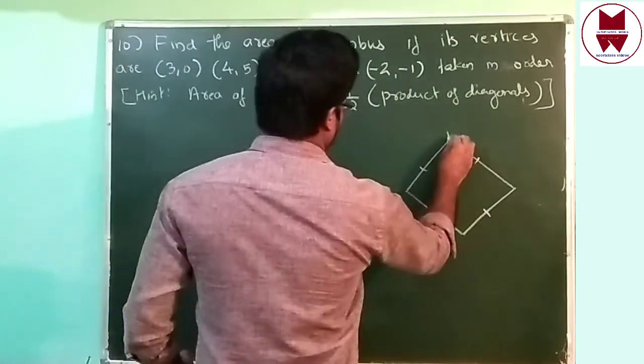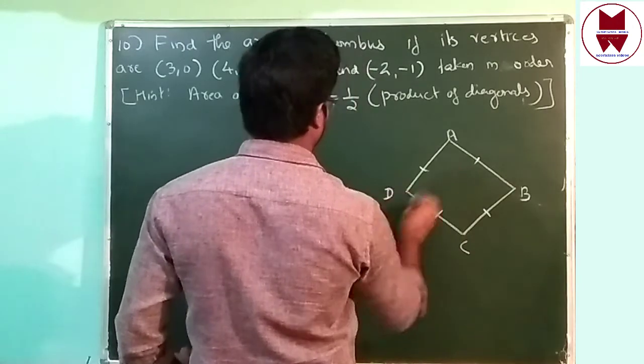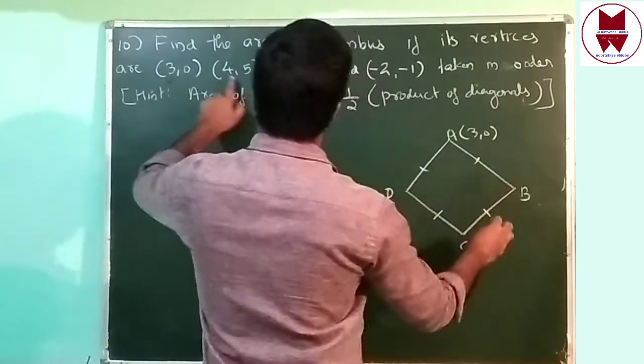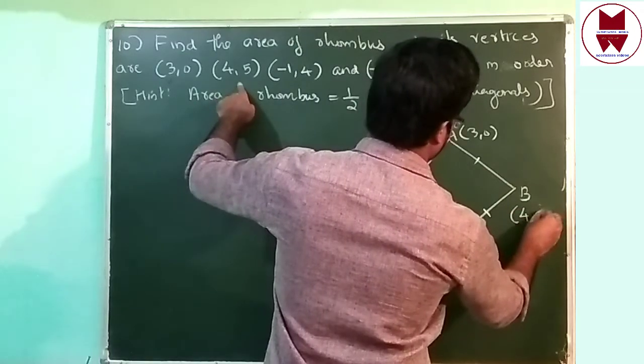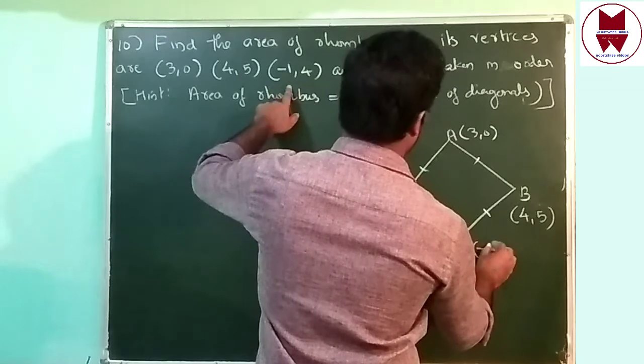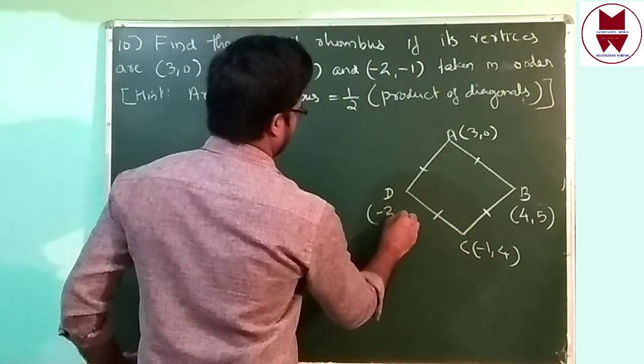First, A, B, C, D. A we can take as the first point 3, 0. B is the second point 4, 5. Then C is minus 1, 4. Then the last point minus 2, minus 1.